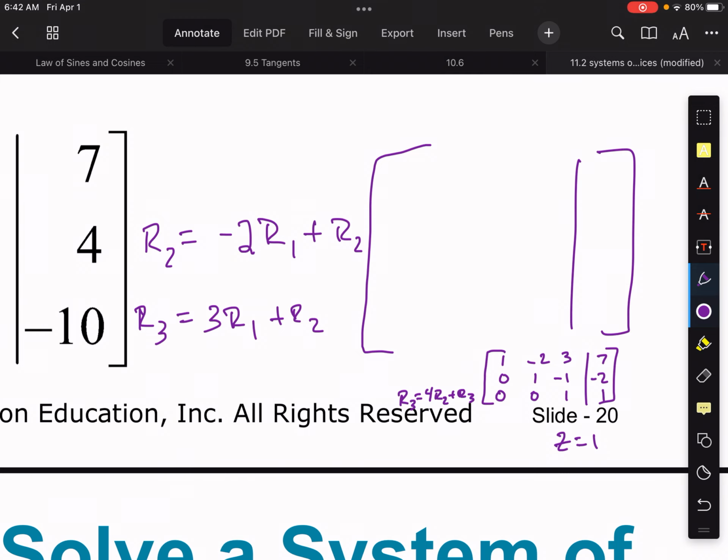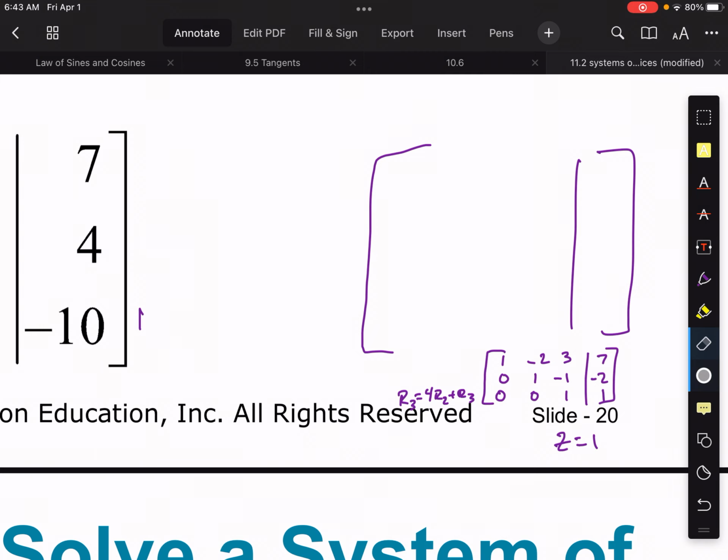Okay, so let's do this. Let's see if I can replace row 2 using the operation of adding 2 rows together. So let's just say that for row 2, let's try this, I say row 2 is equal to row 3 plus row 2.